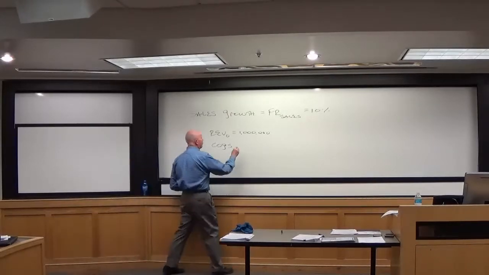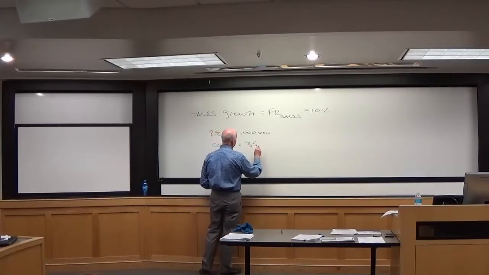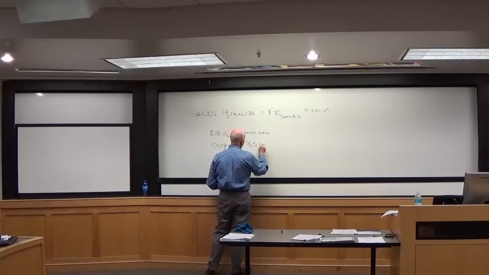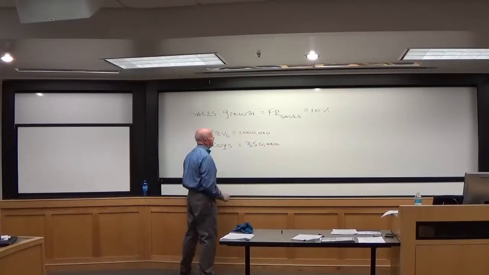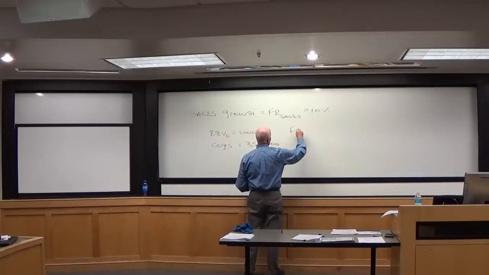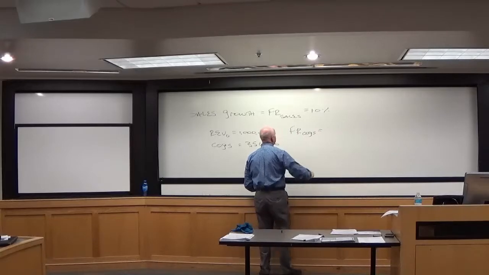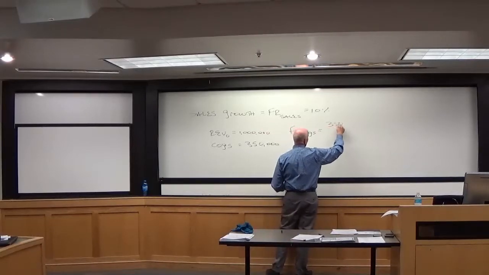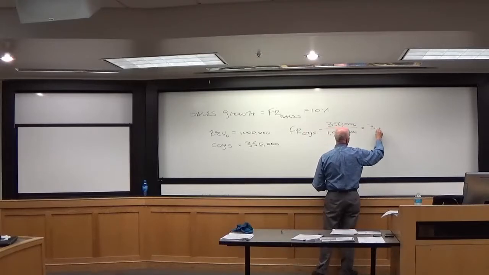If my cost of goods sold was 350,000, I can have a forecast ratio for my COGS, which is equal to 350,000 divided by my million, or 35%.